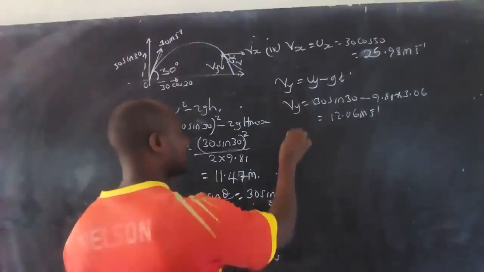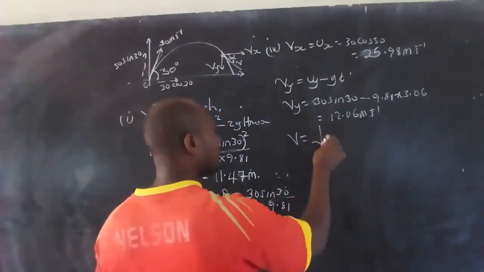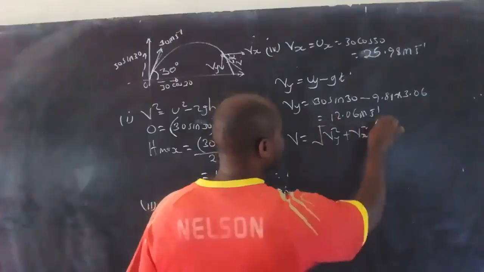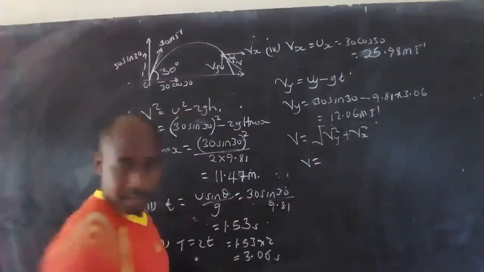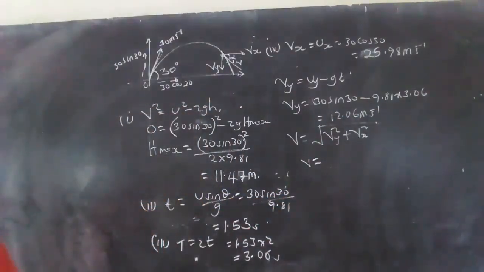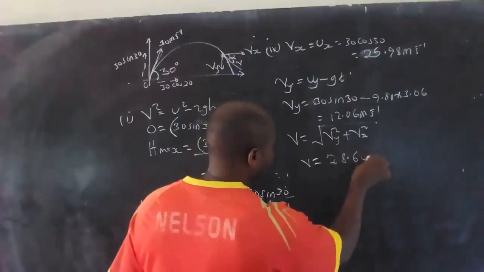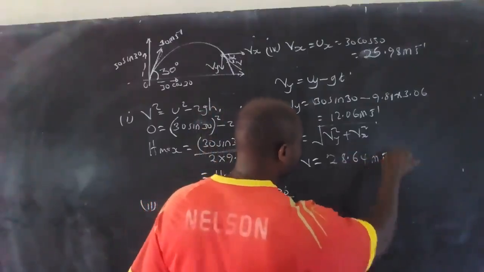Then we shall now say the exact V becomes the square root of Vy squared plus Vx squared. So when you substitute, you get your V as 28.64 meters per second.